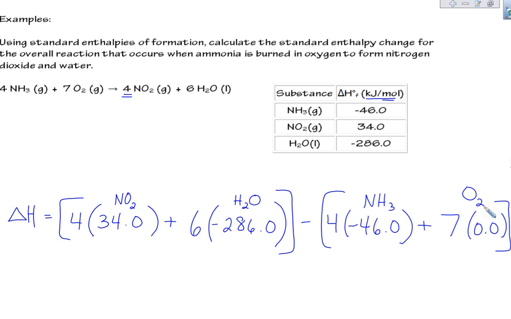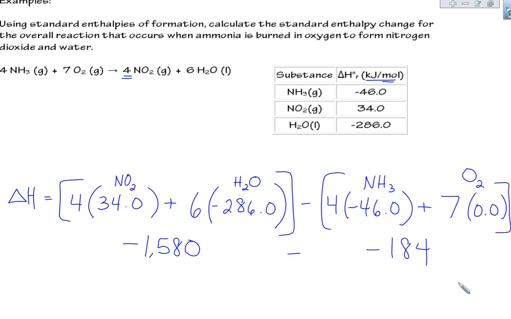If I plug this in my calculator, 4 times 34 plus 6 times negative 286, this grouping here is negative 1,580, minus, and this will just be 4 times negative 46, negative 184. So yeah, they'll just miss that it's minus negative.